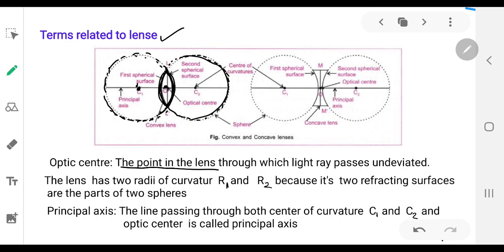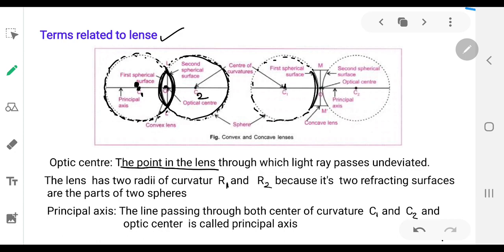So this is the first spherical surface, so it is our first center of curvature C1. It is in front of the lens. C2 is the second center of curvature. In a similar way, if you take the curveness of the refracting surface of the lens and complete a sphere, you get the center of that sphere.